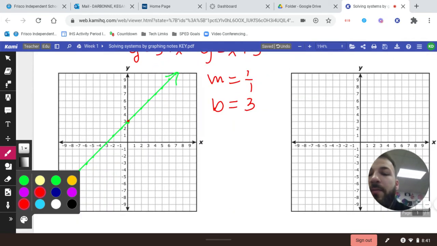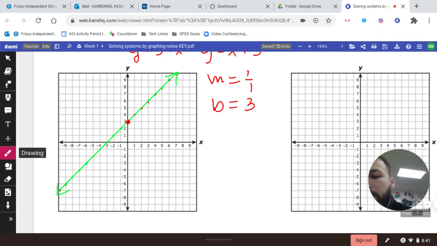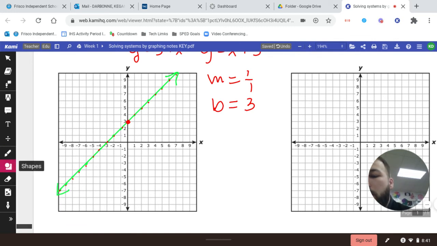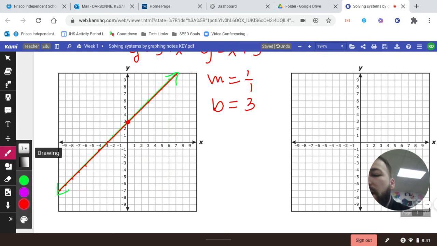So it should be the exact same point, essentially. And there we go.